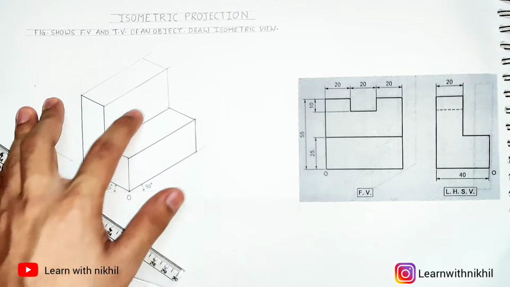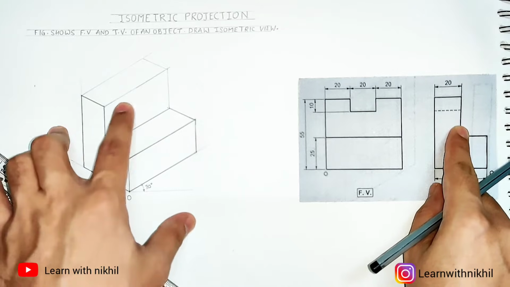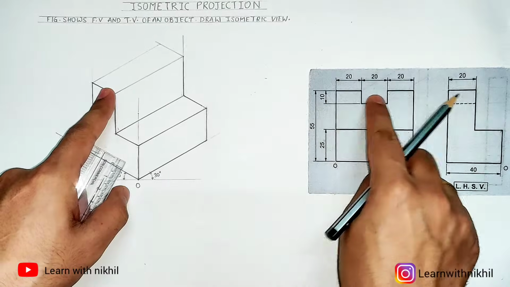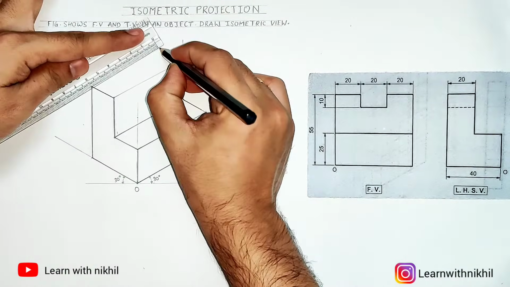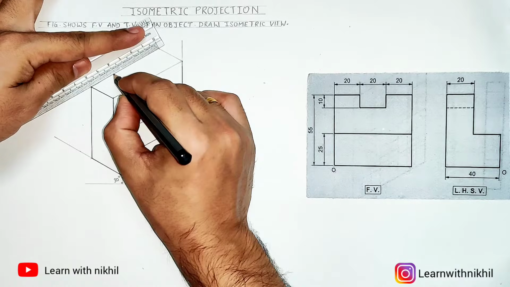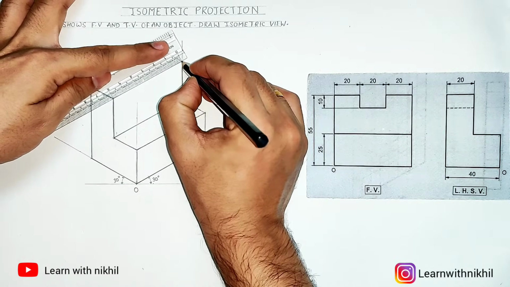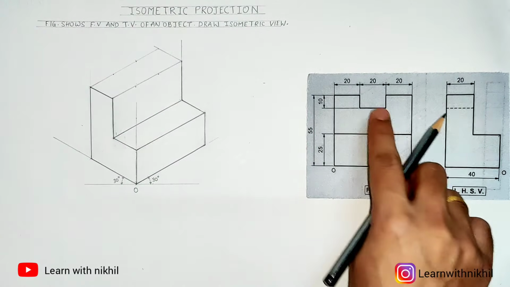Now on the top side, we have a depth of 20 at the center. So for drawing that, first we will mark the points 20, 20, 20. This distance is 20. As the total is 60, we have already taken that, marking on both the sides.